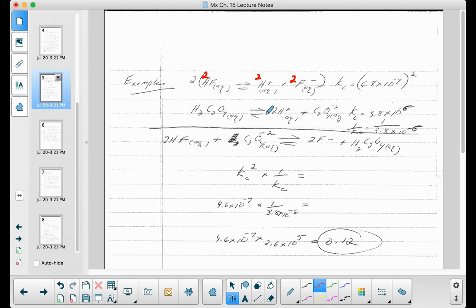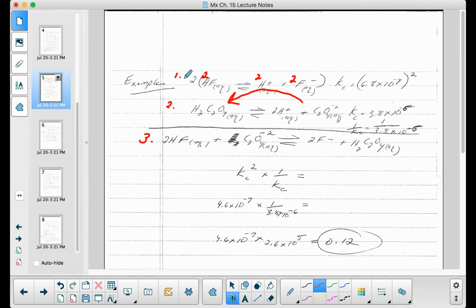And then if I were to take this reaction given in this way with this Kc value, and flip it around, reverse the reaction completely in order to take equation 1 and equation 2 to add up to equation 3, I would take the inverse, as we stated before, of the Kc value for that forward reaction.